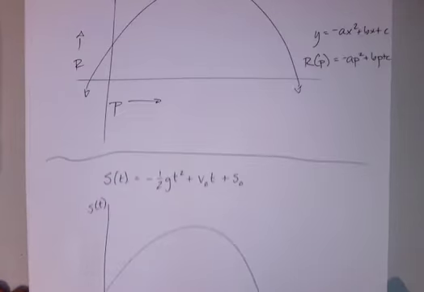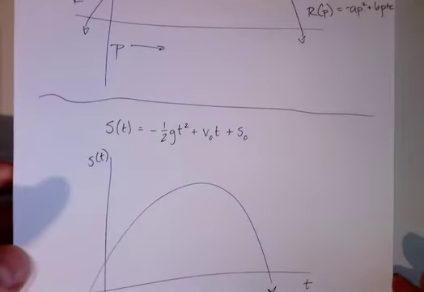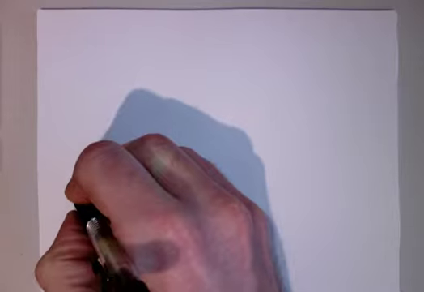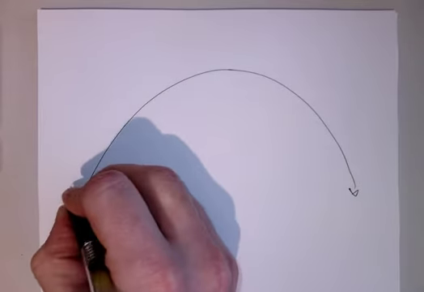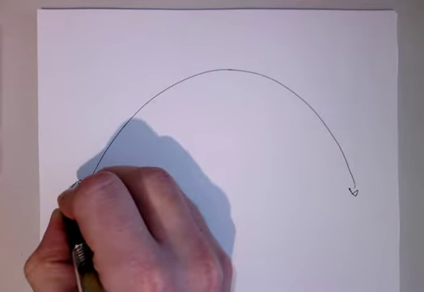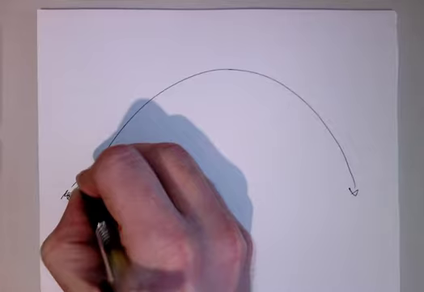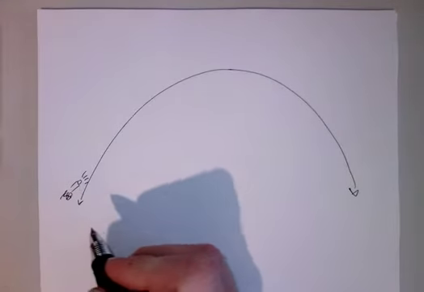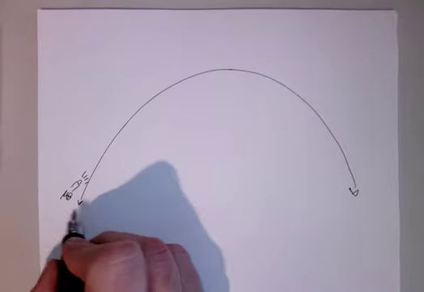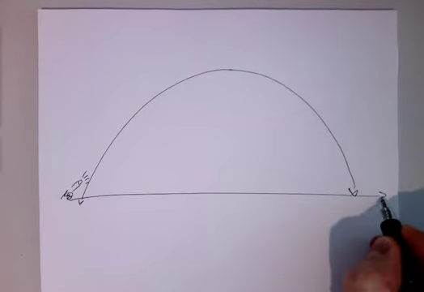Well, let's say that you actually did fire a projectile, like a cannonball from a cannon. It actually does make a parabolic arc. And so you have your cannon over here, and boom. Not an artist, never have been. Well, here's the thing. This no longer is time.